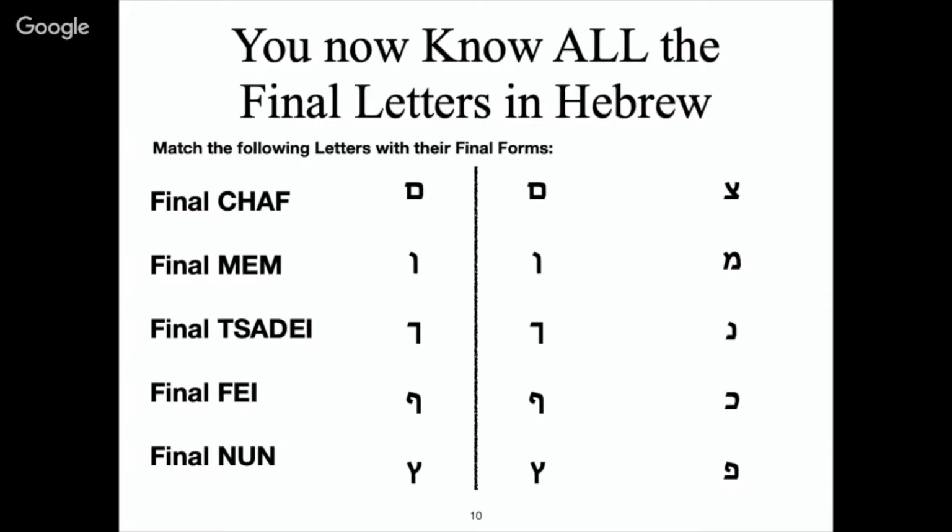And so now you can go through and match the final letters with their names. And then you can match the final forms with the forms that would appear in the middle of a word. And we have the answers in our answer key.